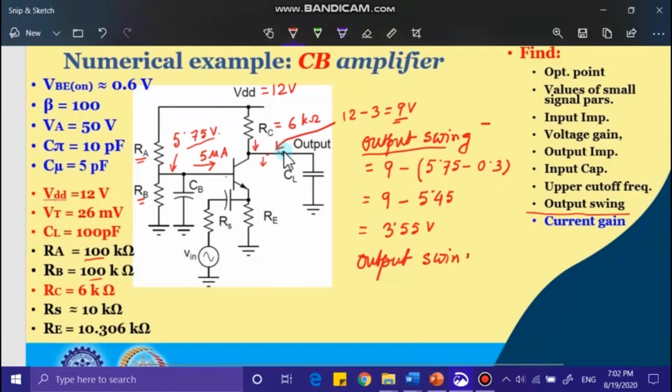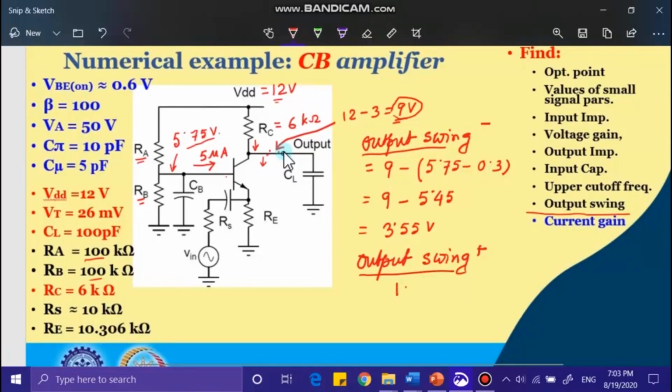Even though we know there will be a significant amount of distortion because of the exponential IV characteristic of the BJT, let us consider that as the limiting situation. So the corresponding positive swing is equal to 12 volt minus 9 volt, which is 3 volt.